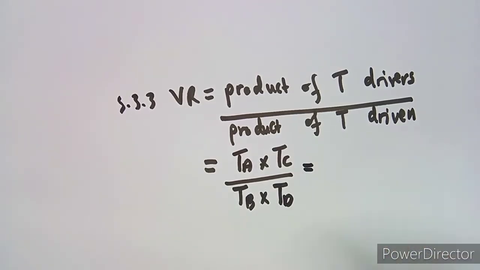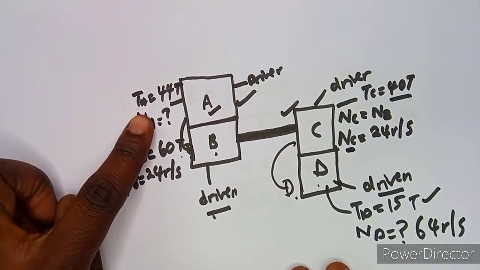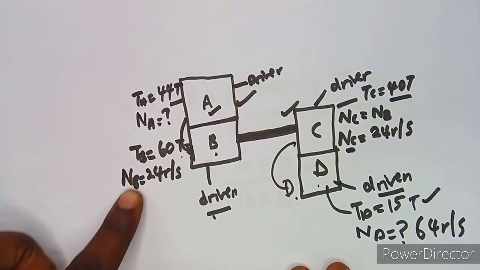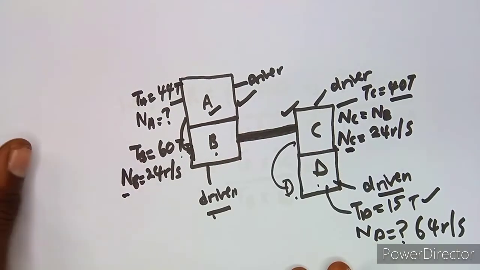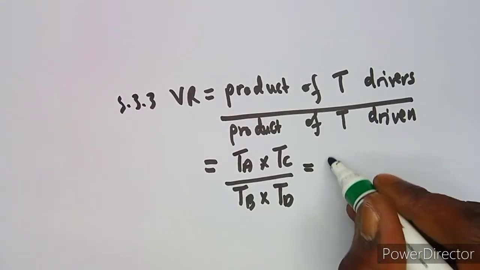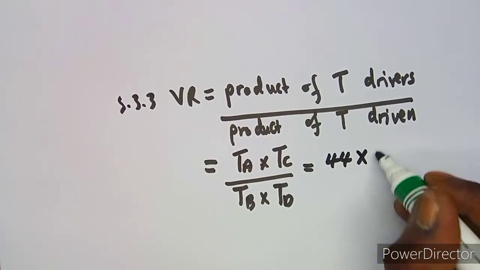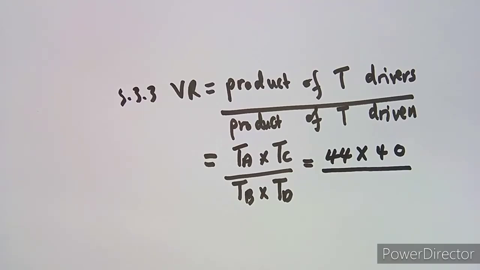So once you have this, you don't worry much, you just substitute here. TA is already there, which is 44, and our TC we calculated was also 40, so it's 44 by 40 over the product of TB and TD.